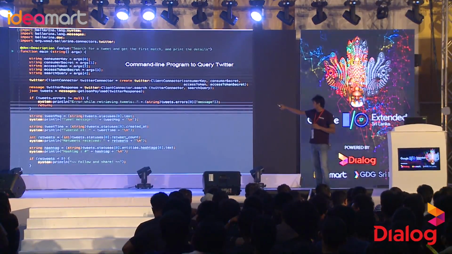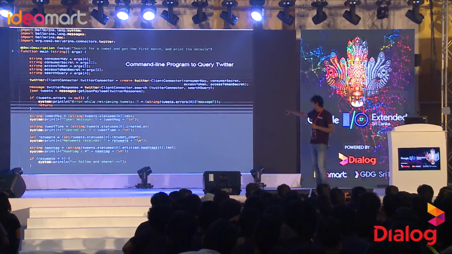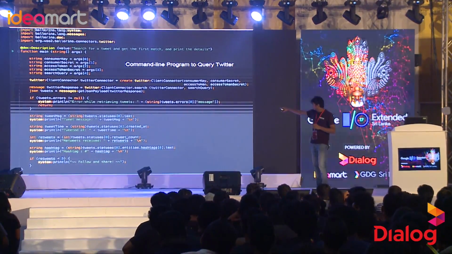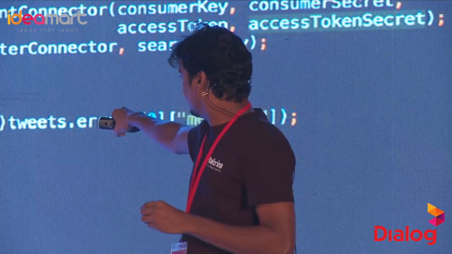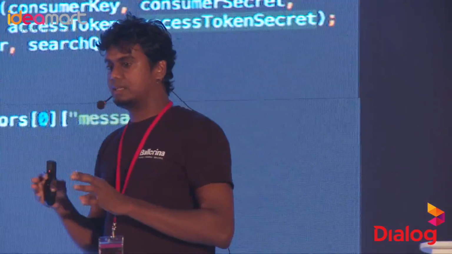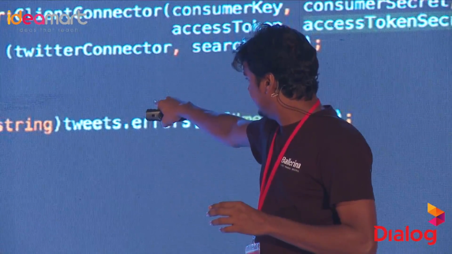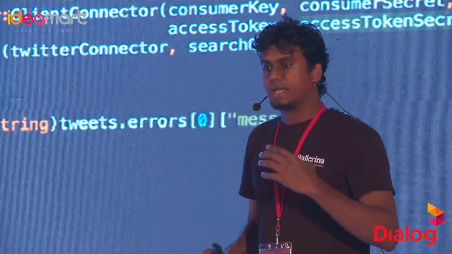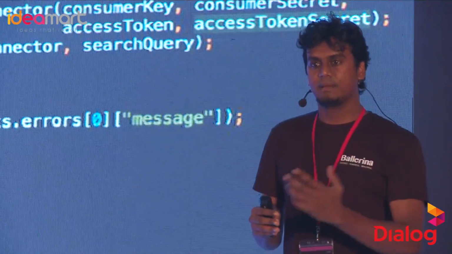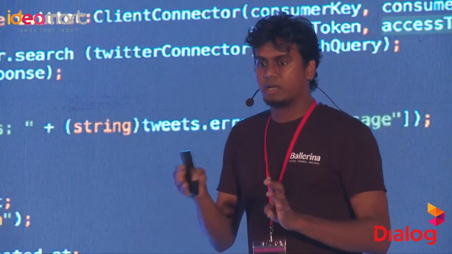So you can say JSON tweets, and then you do some error checking. And then at the last, you can see tweets, and then you check the status, so you get an array. You can navigate the JSON object just like in Java, where you basically say foo.a.b.